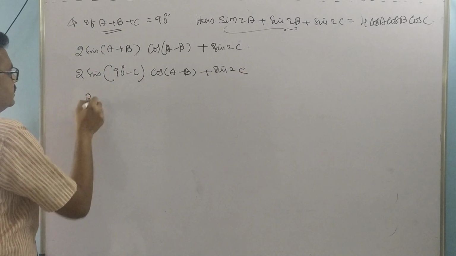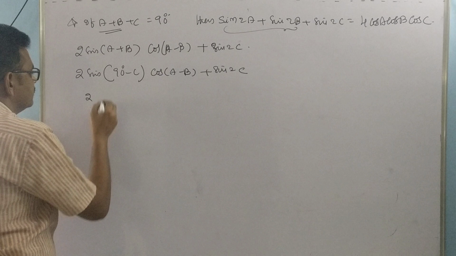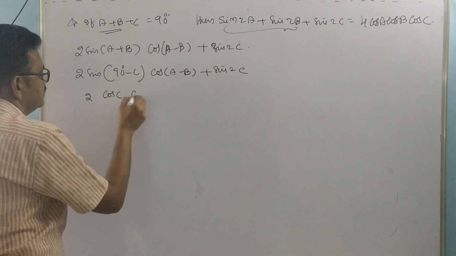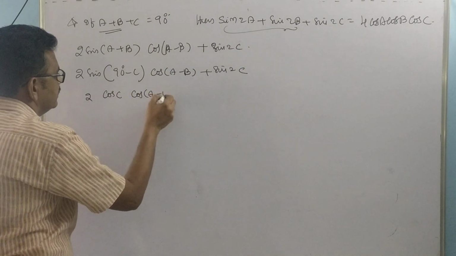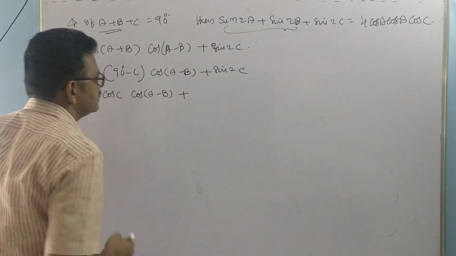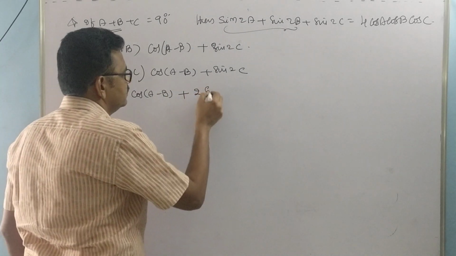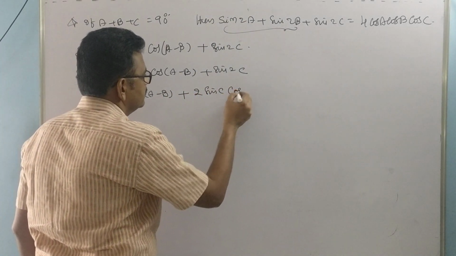So this is 2 sin(A + B), where A + B equals 90° − C, into cos(A − B) plus sin 2C. So this is 2 sin(90° − C), which is cos C, into cos(A − B), plus sin 2C, formula 2 sin C cos C.